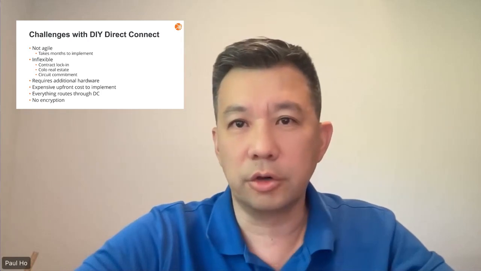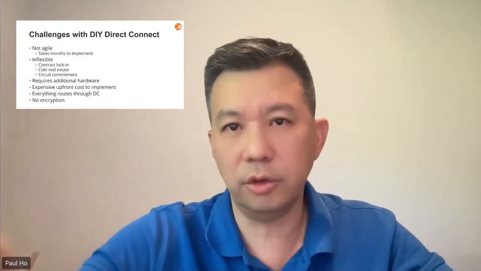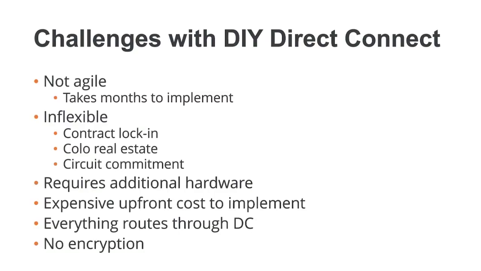You require additional hardware, so there are obviously upfront costs to implementing that, and that connection is not encrypted. It's just a circuit. Your traffic is riding over a circuit, whether you do Direct Connect, ExpressRoute, or FastConnect. Different cloud providers have different names for these things.